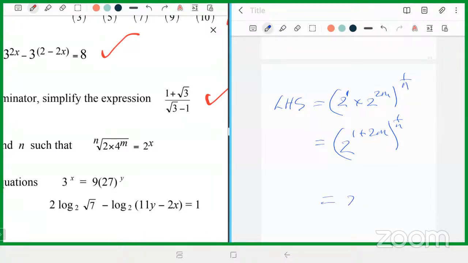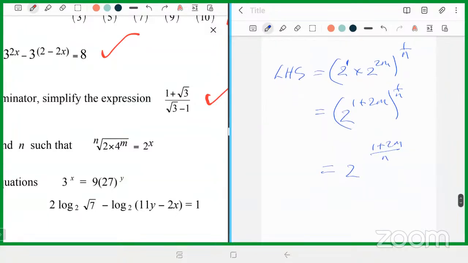So it becomes 2 to the (1 + 2m)/n. So therefore x equals this. This is x. X equals that. Simple stuff, simple indices. Very simple. That one done.